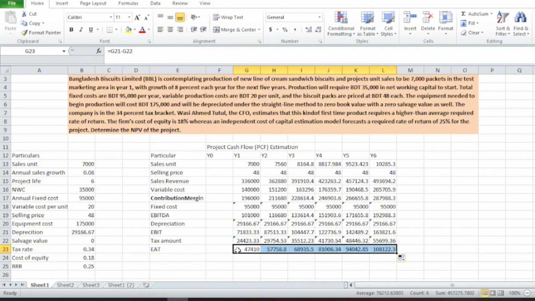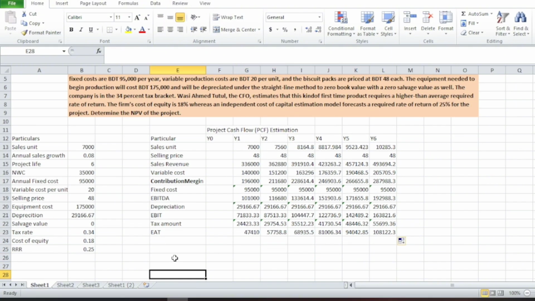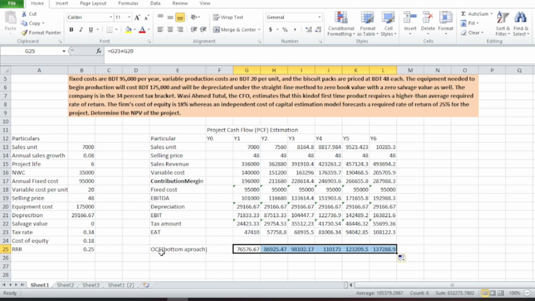This is our earnings after tax. Now we'll find the OCF, operating cash flow. For this we'll follow the bottom-up approach. In the bottom-up approach, the formula is earnings after tax plus depreciation. This is our OCF for each year.